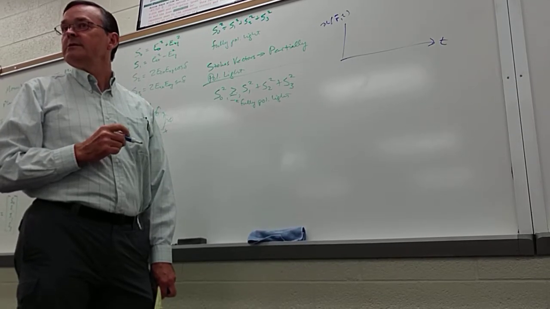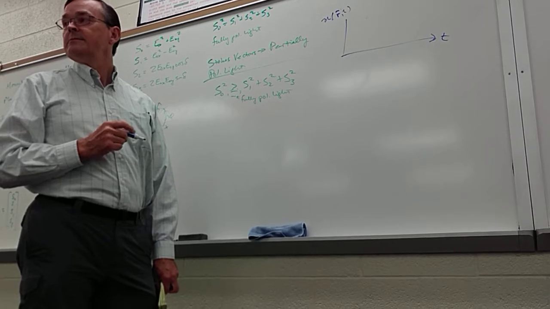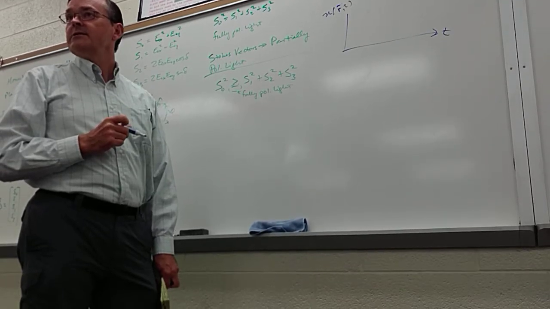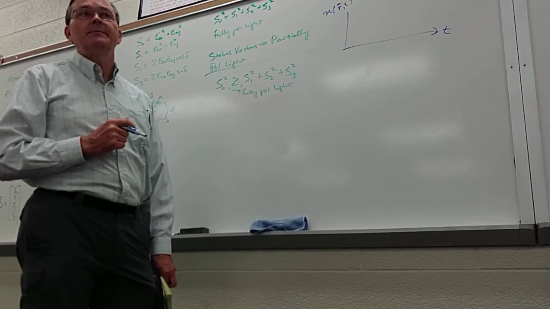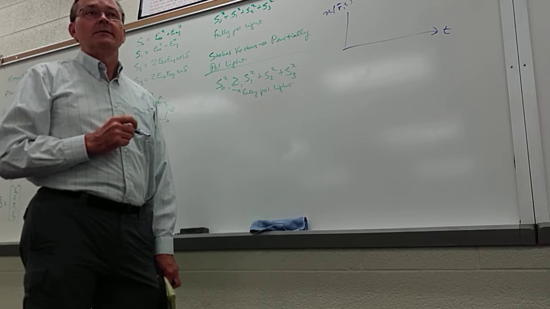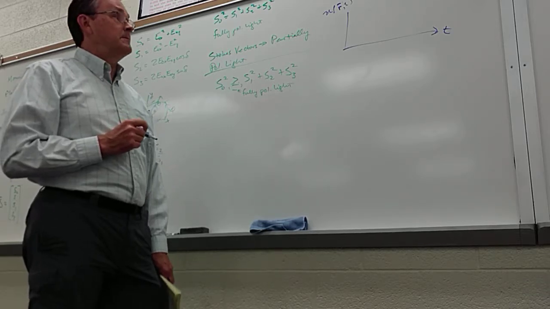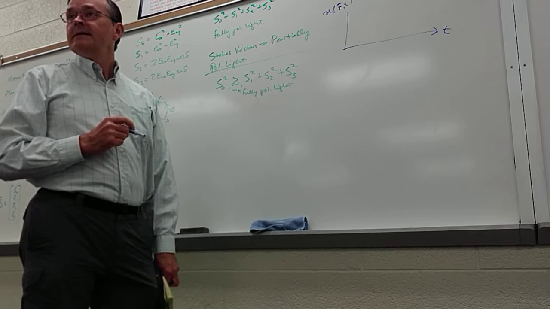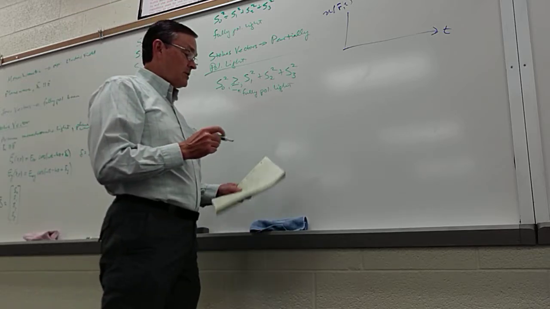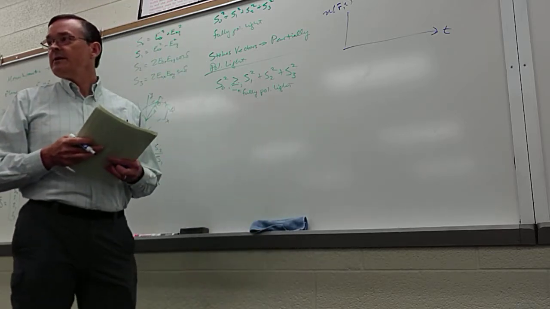For incoherent light, what did the scalar field look like as a function of time? So if it was fully coherent, what would it look like as a function of time?